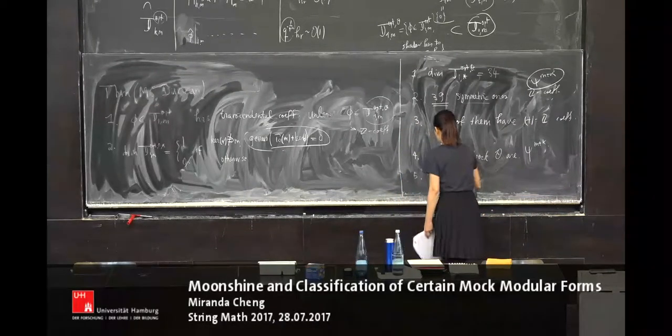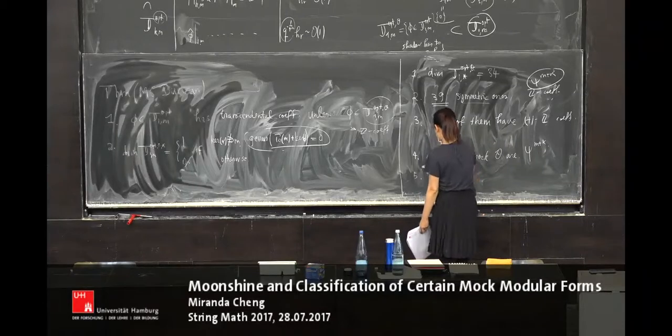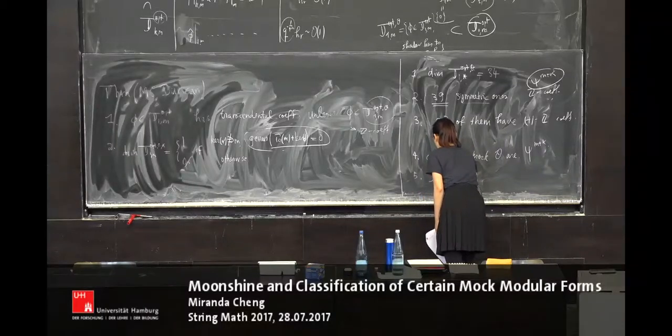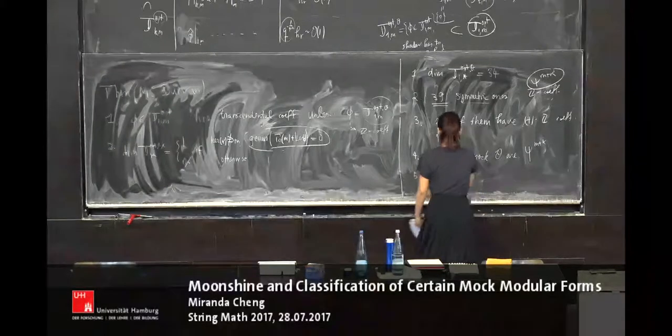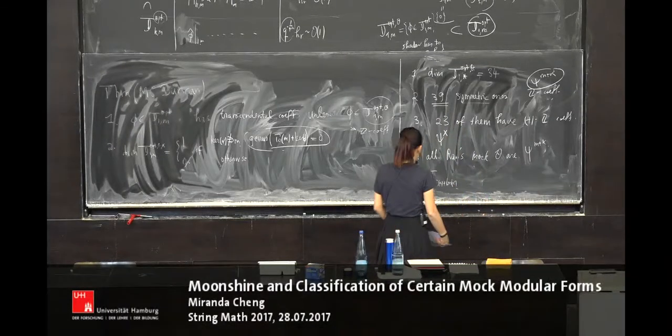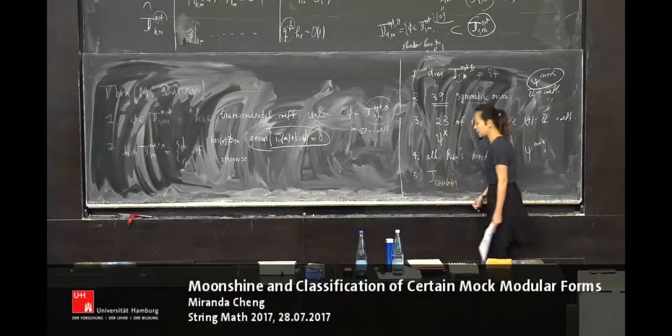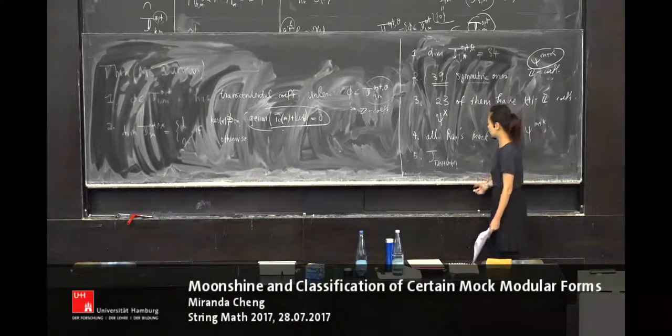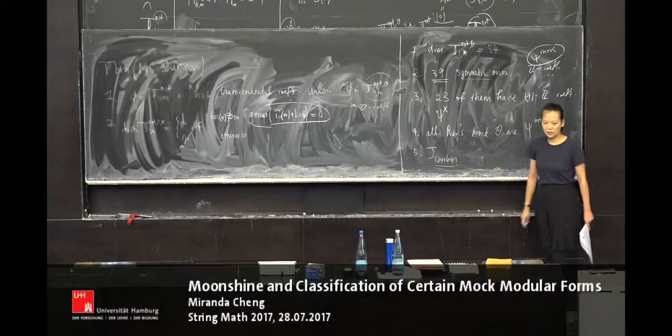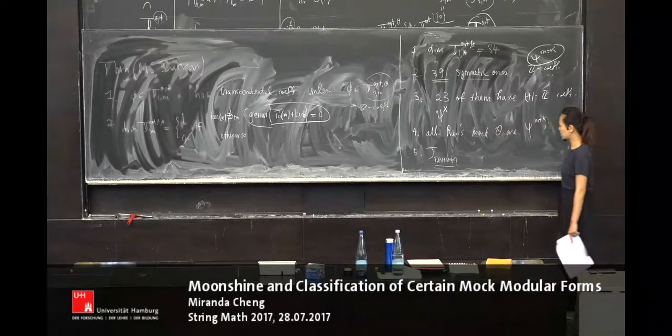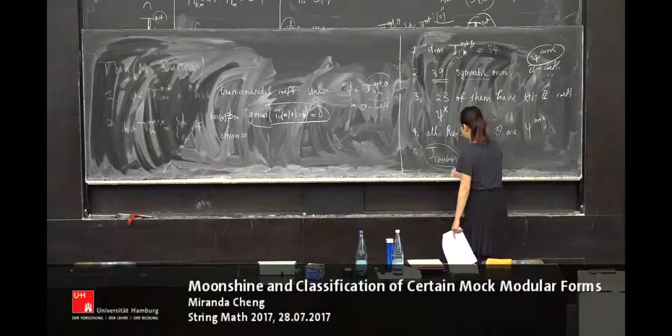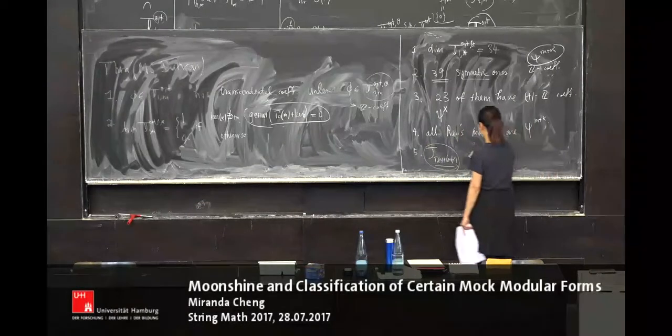And also, as we have seen in the context of monster, we have a Hauptmodul, the unique modular function for each such genus 0 group. And this actually plays a very important role here.